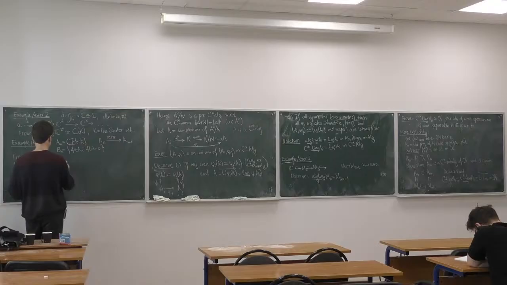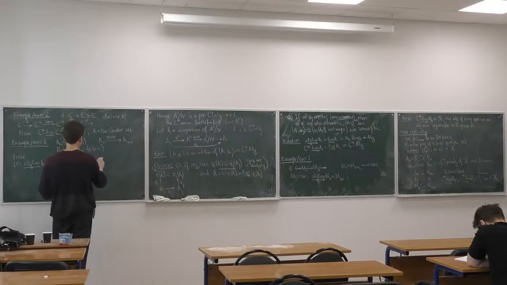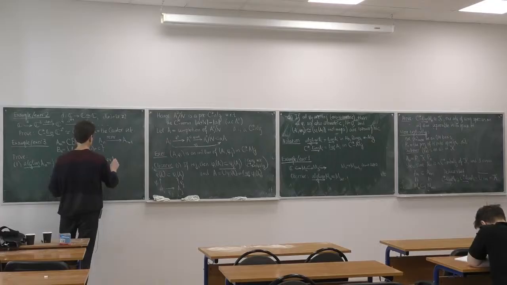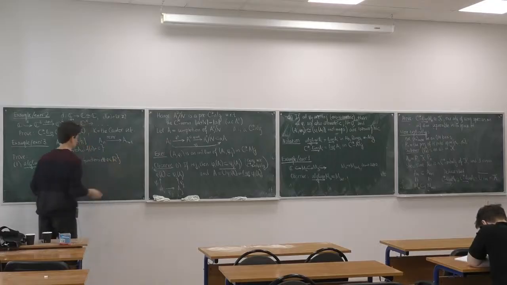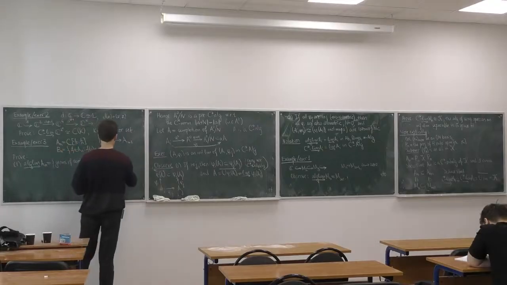That is, equivalence classes of continuous functions defined in neighborhoods of 0, and two such functions are equivalent if they agree on a smaller neighborhood of 0 contained in the intersection of their domains. Let's denote this algebra by A.